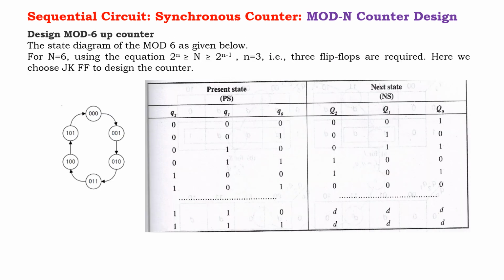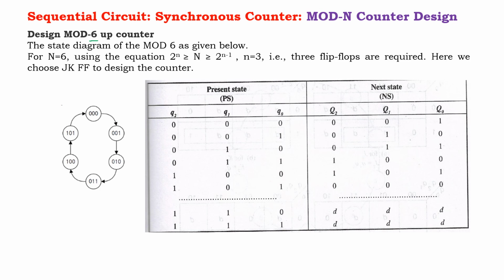Another example is a mod 6 up counter. Mod 6 up counter means this counter counts 6 states upwardly. 6 states means 0 1 2 3 4 5.